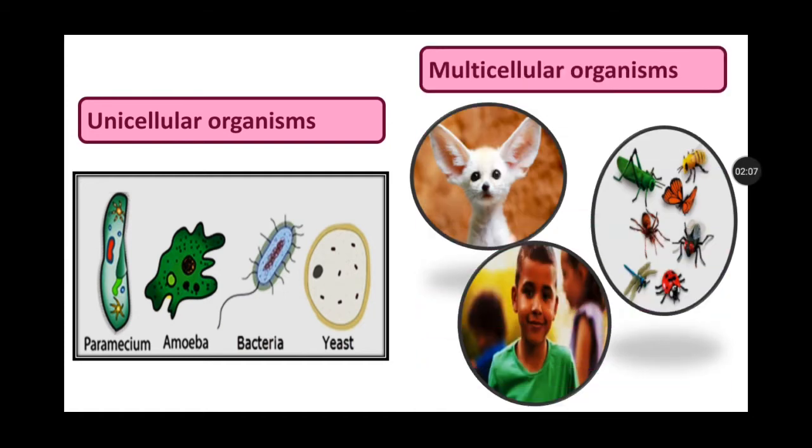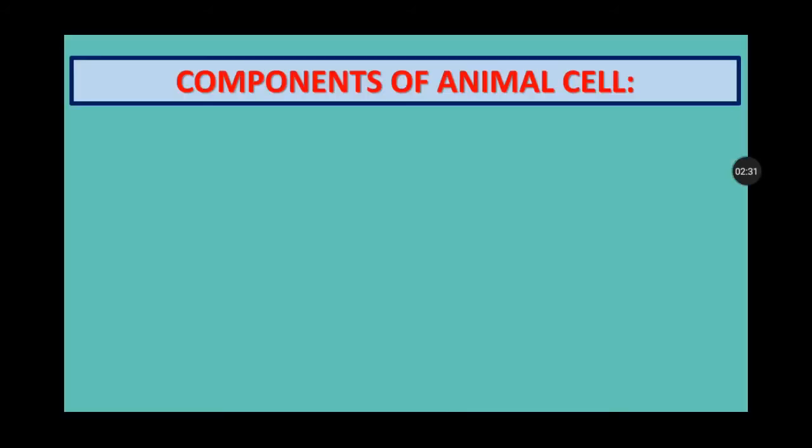The other ones are multicellular organisms. As you can see in this picture, animals, human beings and insects, which are arthropods. All of these are multicellular organisms. Their body is composed of many cells which combine to form tissues and then organs and then organ systems.